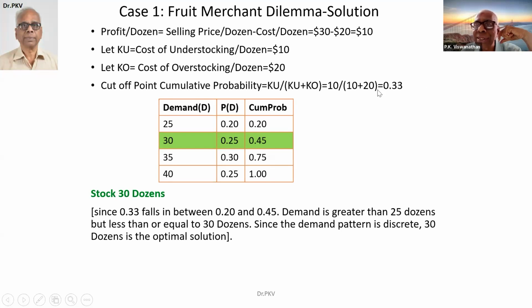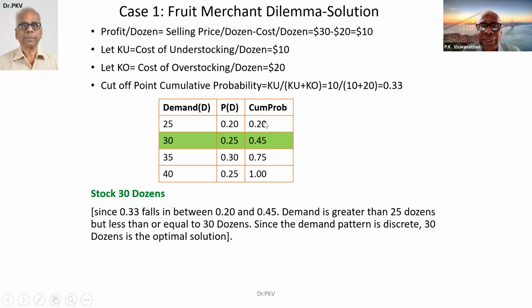So now where does the 0.33 fall, this cumulative cutoff probability? It is more than 0.2 but less than 0.45, and therefore the demand falls between 25 and 30 dozens. Certainly 25 is not there because the cumulative probability is 0.33.